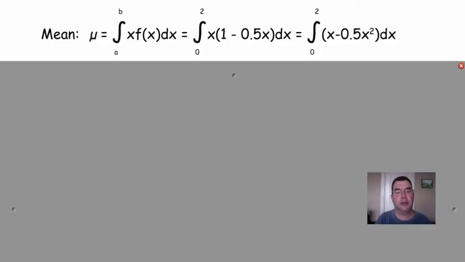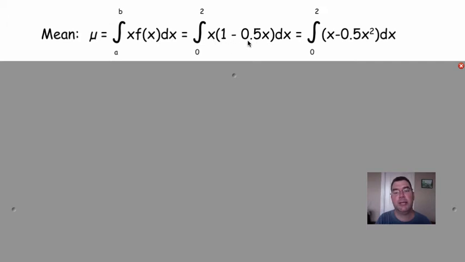And now let's do the other 2 measures, which are mean and variance. So I'm going to do the integral of x times f of x, which is x times, there's my f of x right there. Now before I integrate, I do not want to integrate something that's the product of 2 things, so if I can simplify that, I certainly will.